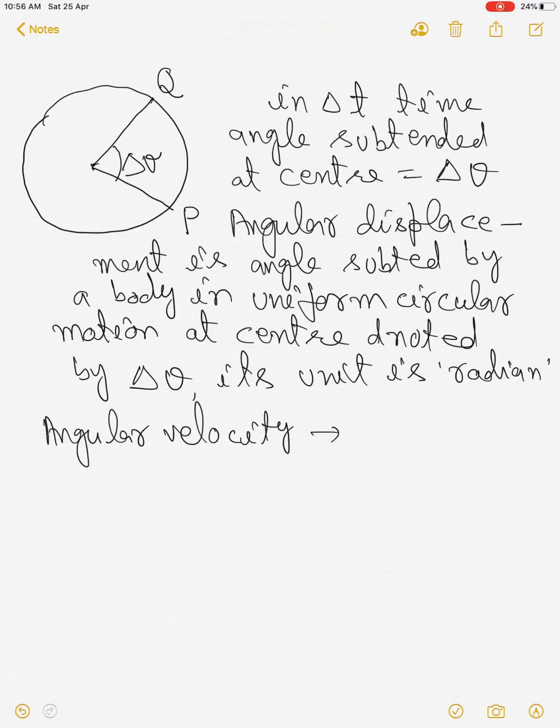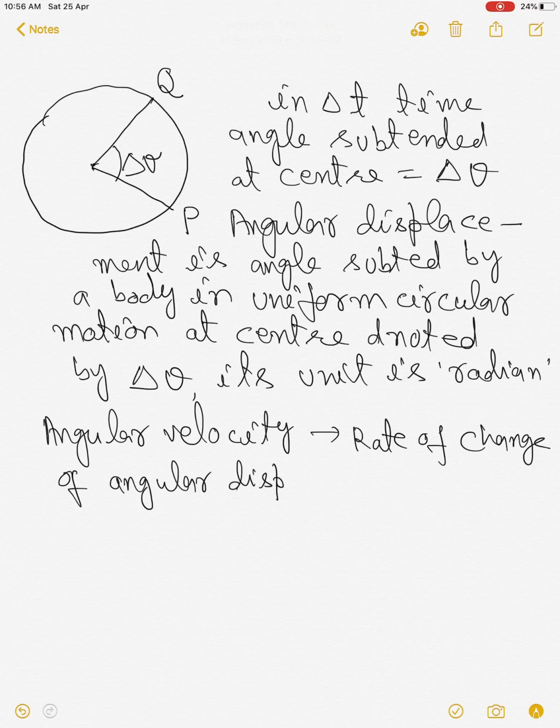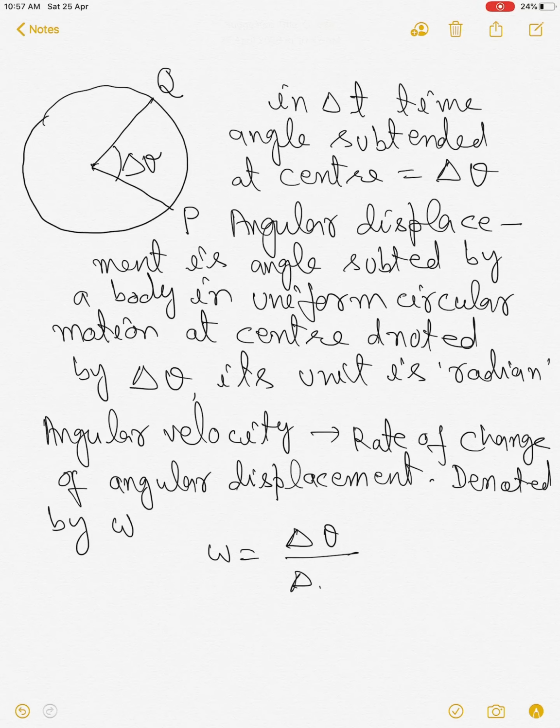Similarly, angular velocity is the rate of change of angular displacement, denoted by omega, a Greek letter, written as small omega. So omega is equal to delta theta upon delta t.